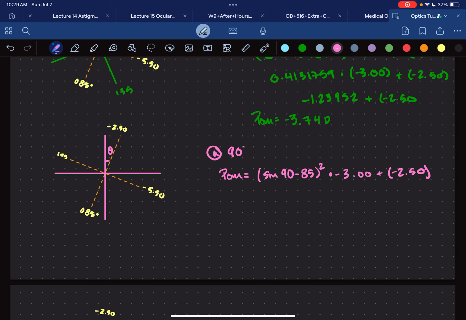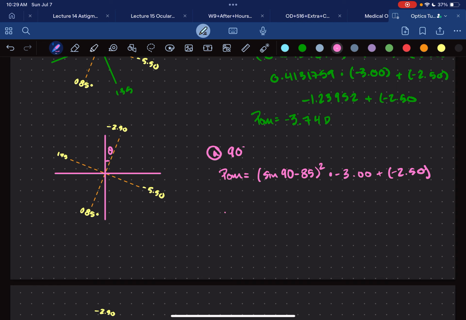90 minus 85, that's going to be 5. So I'm going to find the sine of 5, square that, times that by negative 3, because that's the cyl power, and then add that to negative 2.5.